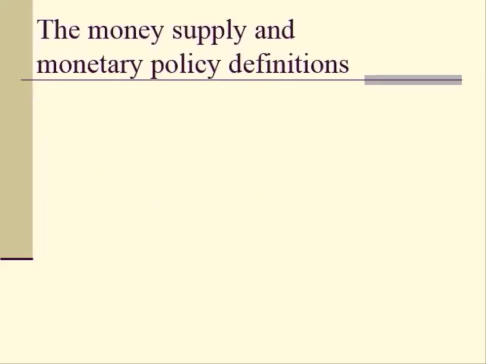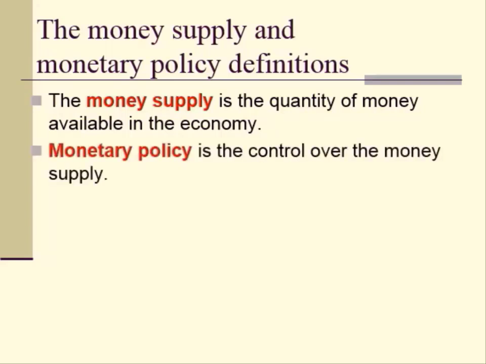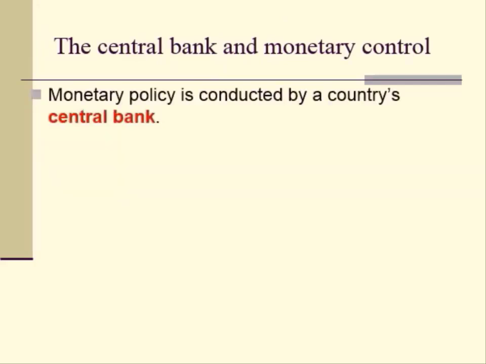Now let's start discussing the money supply and monetary policy definitions. First, the money supply is defined as the quantity of money available in the economy. And monetary policy is the control over the money supply. Monetary policy is conducted by a country's central bank.